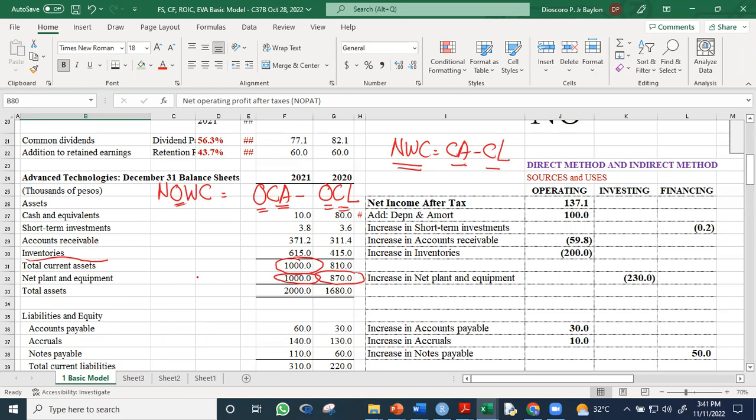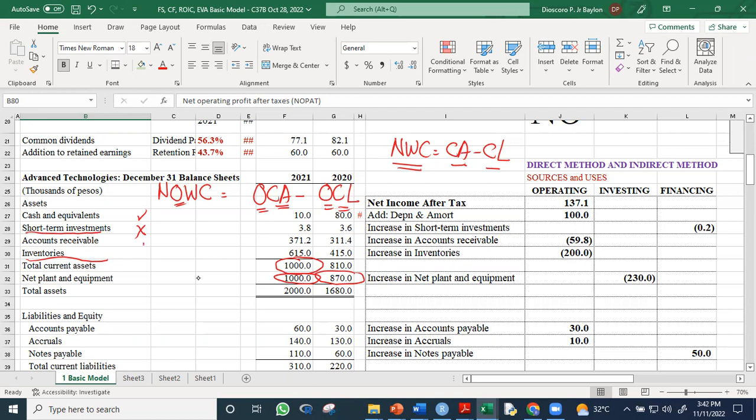So how do you compute NOWC? If we take a look at the current assets here, you have cash, short-term investments, accounts receivable, and inventories. Now of this, cash will form part of your operating working capital. Short-term investments will not, because this is interest-bearing. Kapag interest-bearing, hindi siya pumapasok sa operating.